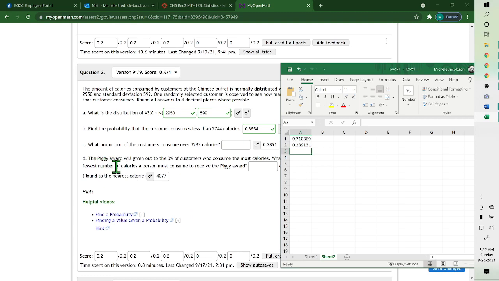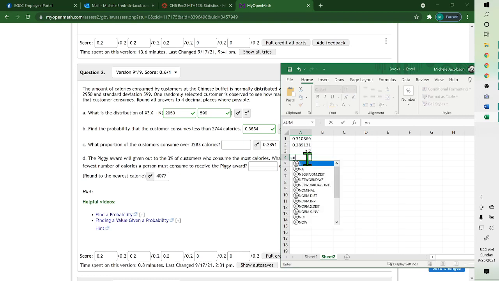Likewise on this one, the Piggy Award will be given out to the 3% of customers who consume the most calories. So they want over 3%, but when we use our values, we go by below. So instead of 0.3, 1 minus 0.3, whoops, I forgot to put the equals. You always have to put an equal sign to get it to solve it. There we go, 0.7.